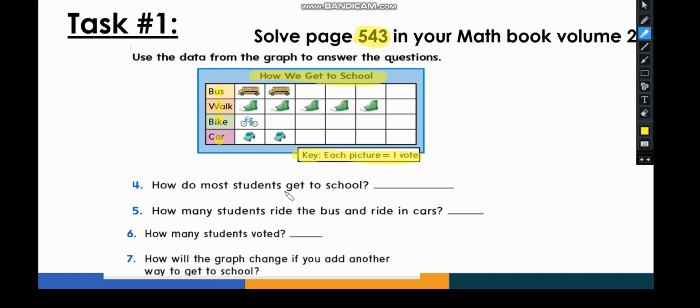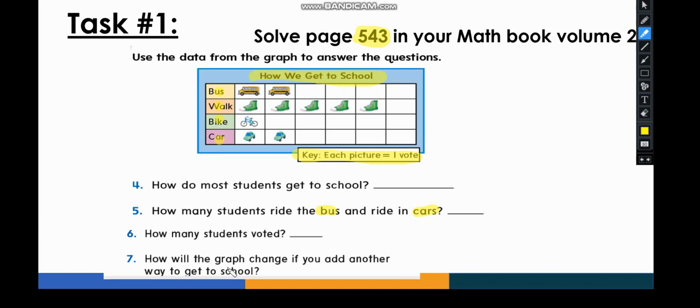How do most students get to school? Like the previous slide, what do I mean by most? How many students ride the bus and ride the cars? I need bus and cars. How many students voted in all?